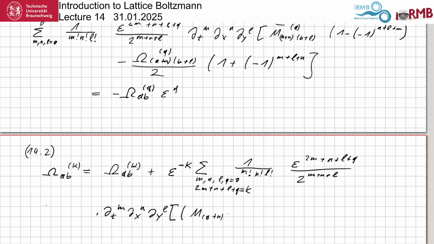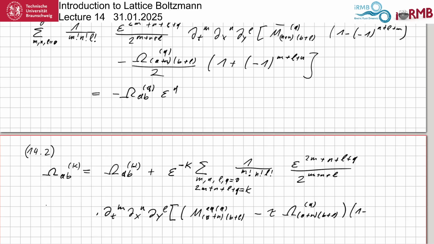n plus n b plus l equilibrium at the order q minus tau omega a plus n b plus l at the order q.